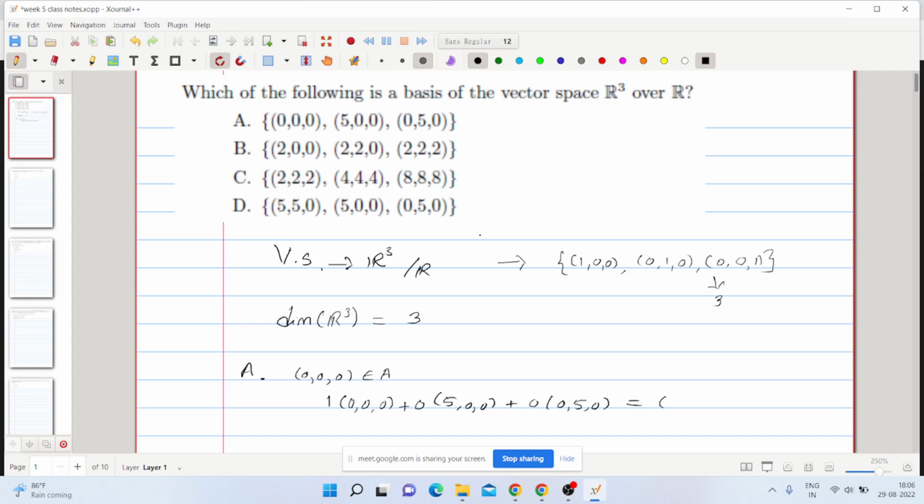This is equal to (0,0,0). That is, I am writing the linear combination of these three elements like this, with one of the coefficients as non-zero. So this expression says that this set A is linearly dependent.